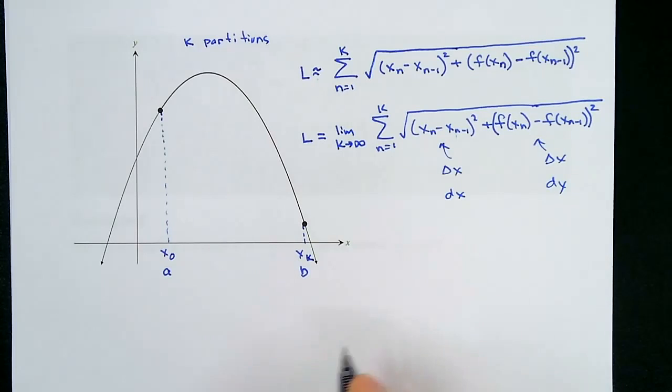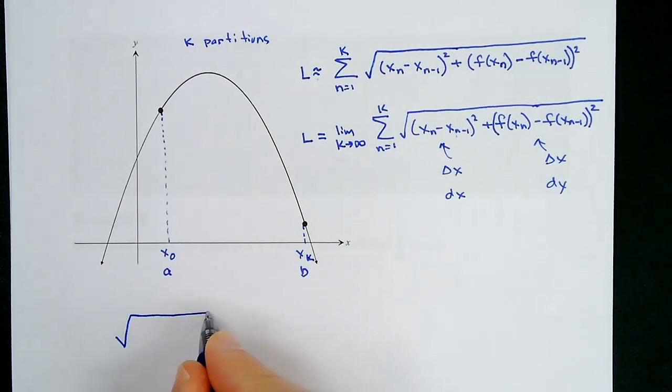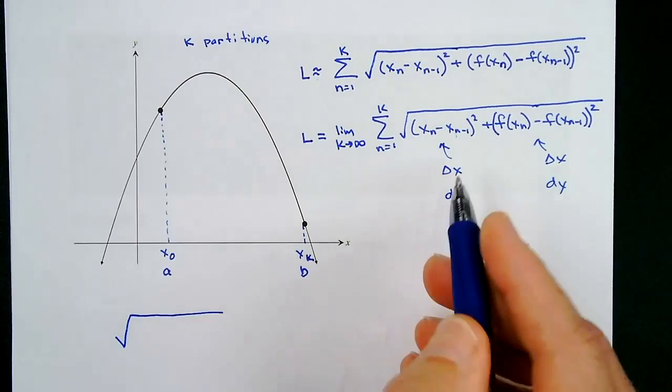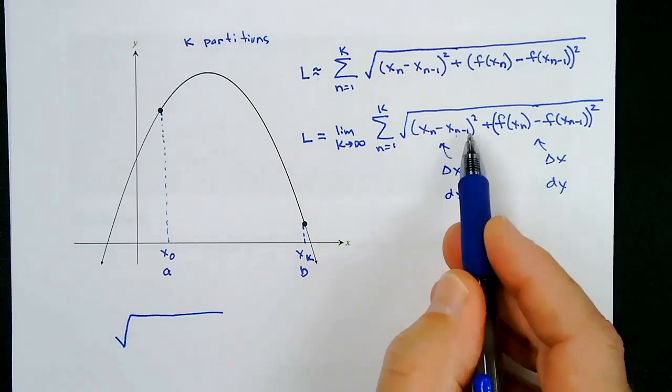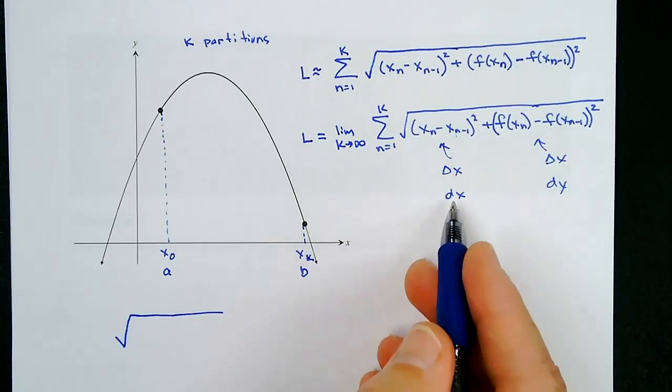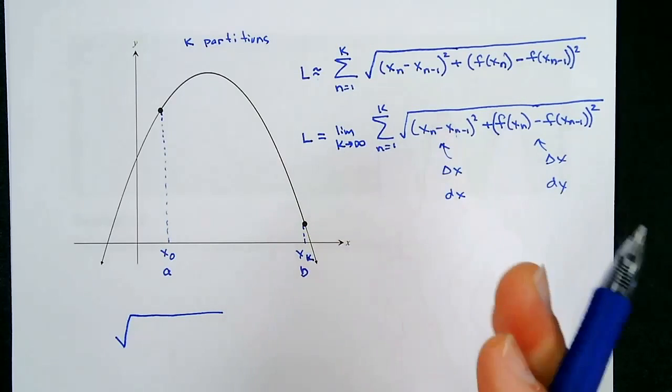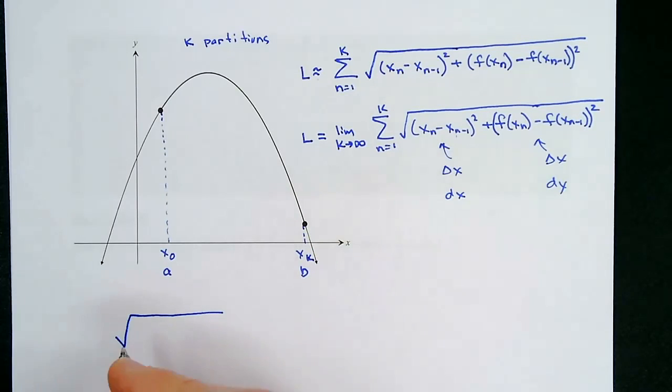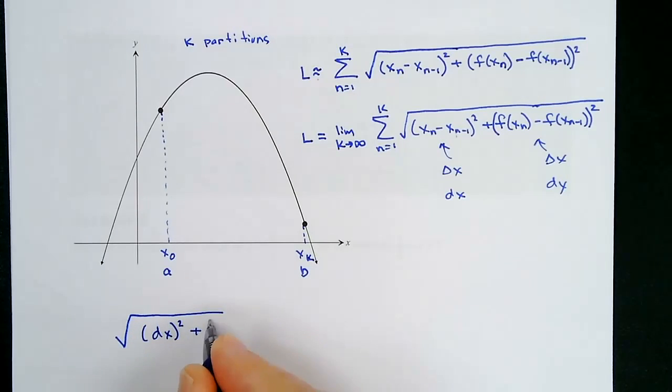So what winds up happening is we have the square root of delta x squared plus delta y squared, but really, because we're going to infinity and making these infinitesimally small, this actually becomes dx squared plus dy squared. Okay, but that's really not going to help me integrate.